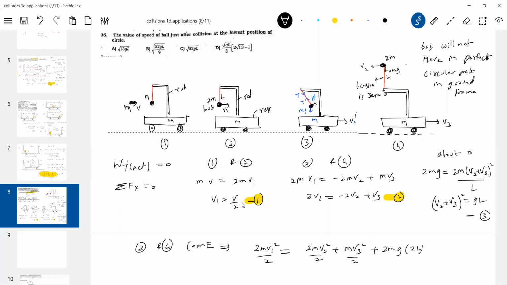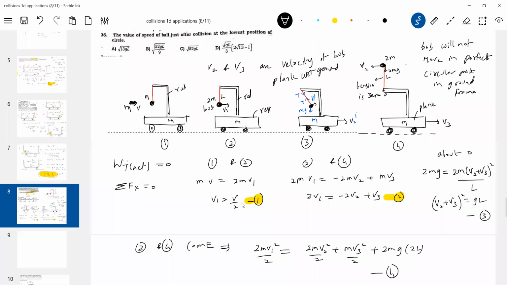So what are v2, v3? Velocity of the bob and the plank with respect to what? With respect to the ground. They are not relative, they are absolute velocities. v2 and v3 are the velocities of the bob and plank. Now this is equation 4.